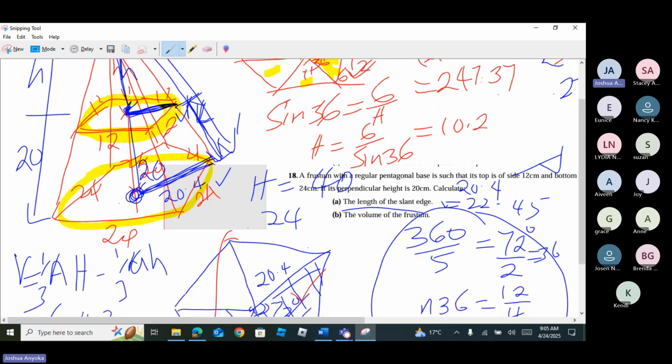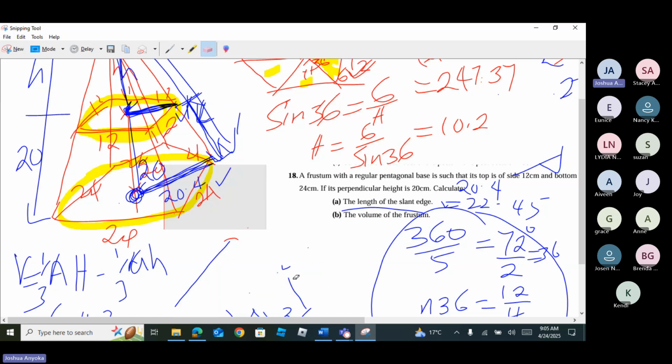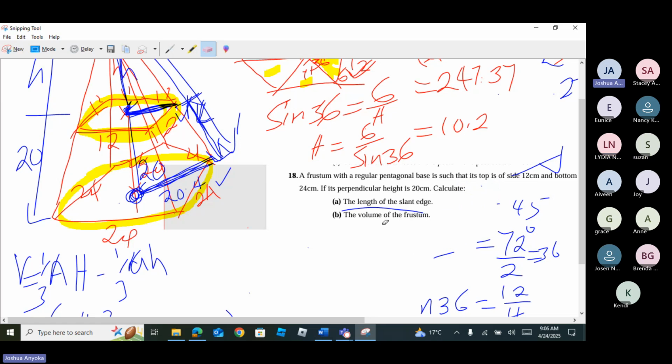Now we can launch the volume. The volume of this frustum will be equal to the volume of the bigger pyramid minus the volume of the smaller pyramid that was cut off.